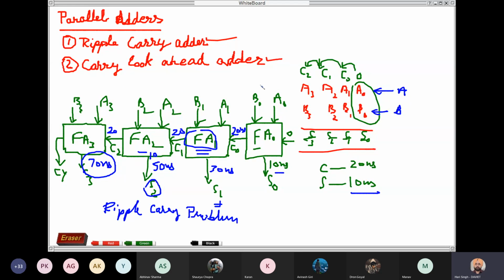So inputs are bits A0, B0 to A3, B3. So suppose it takes 10 nanoseconds to provide the sum output and 20 nanoseconds for the carry to reach the next stage of the full adder. Okay. So within 20 nanoseconds, carry will be available at the input of the next full adder.